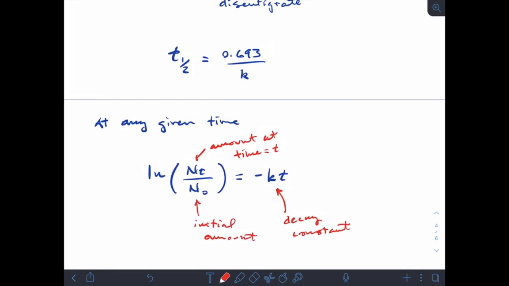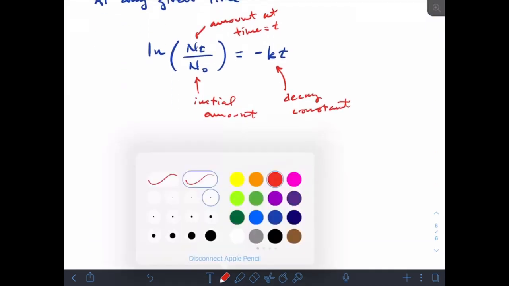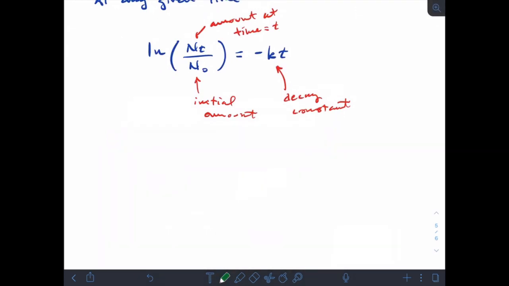One thing that's going to be useful to you in doing these problems is a quick review on how logarithms work, how to manipulate logs.